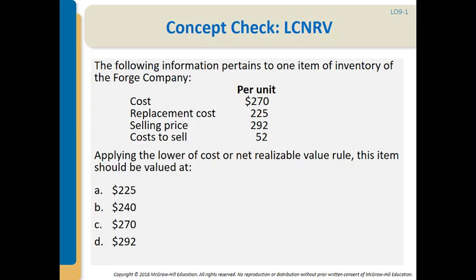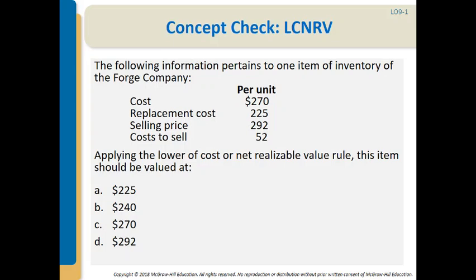Well, the item here that you should know is irrelevant is the replacement cost. Again, for LCNRV, the net realizable value is the selling price less cost of the sale.